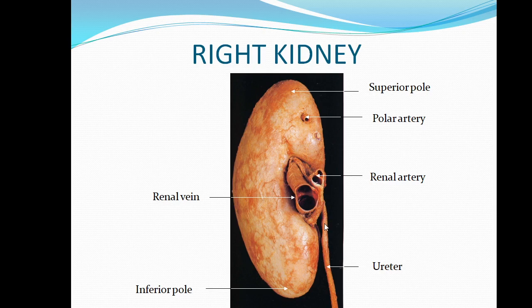This renal pelvis descends down, and at the lower pole it becomes continuous as the ureter. Here you can see an aberrant artery, that is the polar artery, entering near the superior pole.